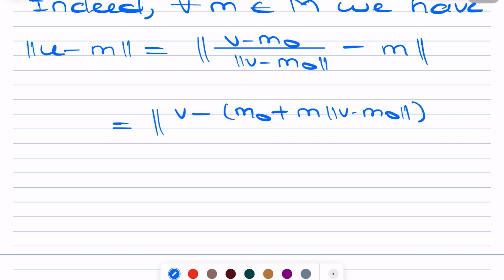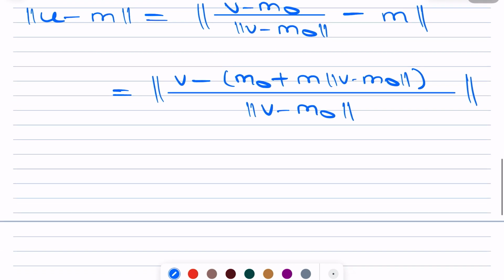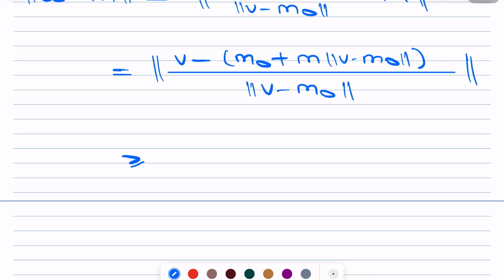The whole thing divided by the norm of V minus M0. Now, of course, this is actually greater or equal than G over the norm of V minus M0, which is, of course, greater or equal than 1 minus epsilon, right?